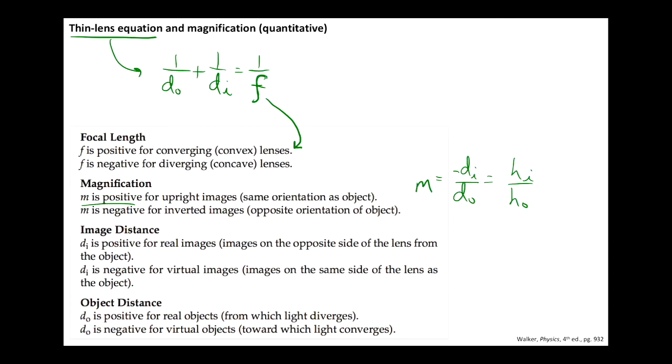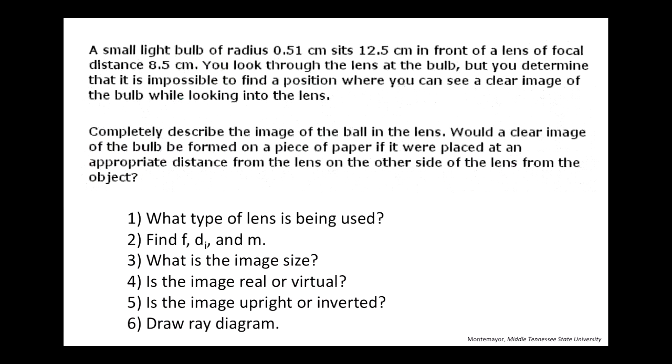It's going to be virtual if it's negative, and we have a virtual object if the object distance is negative. So all of these same rules apply, and even the same equations, which is kind of nice. So you can carry over all that detail from the previous slide if you want to help solve these problems. Good? Should we do a problem now that I've talked about this for forever? Yes, maybe. Here's your problem. I'll give you a chance to read it, see what you think, and then we'll talk our way through all those parts at the bottom.